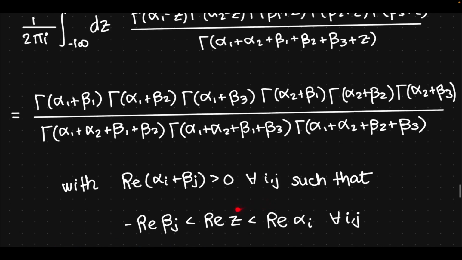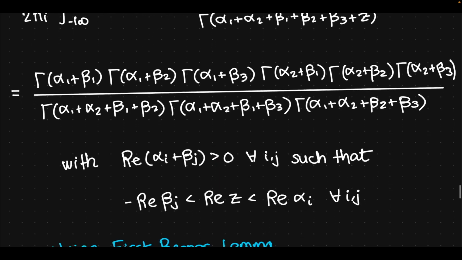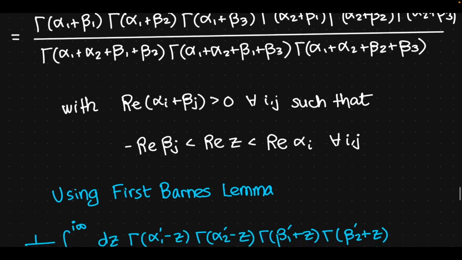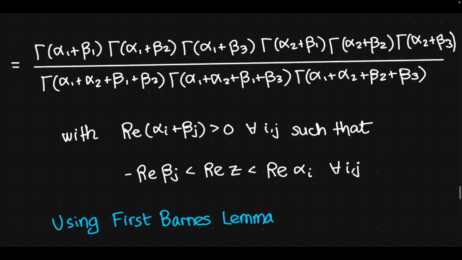And just like the first Barnes lemma, we can actually weaken this condition to exclude the negative integers, so that the gammas don't really blow up anywhere. But in this form, it's pretty elegant, and you'll see why. There's things that are going to be working out nicely like they did in the first Barnes lemma.